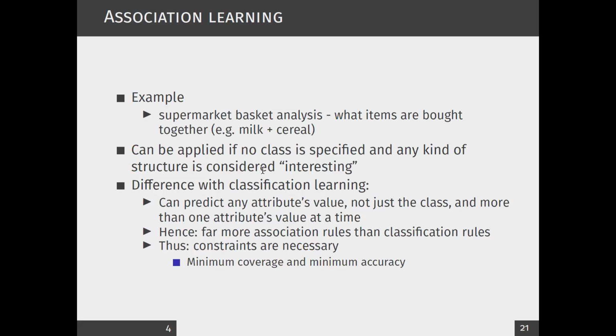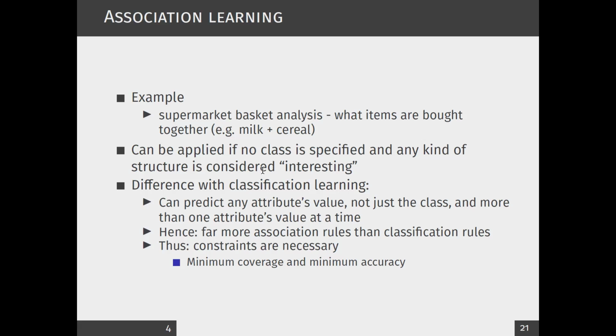The second one, association learning, like I said in supermarket basket analysis, what items are bought together is the interesting point that we want to highlight. So no class is specified, but we can look for any interesting structures. If you compare this with our previous classification learning, classification learning always predicts one particular attribute, right?